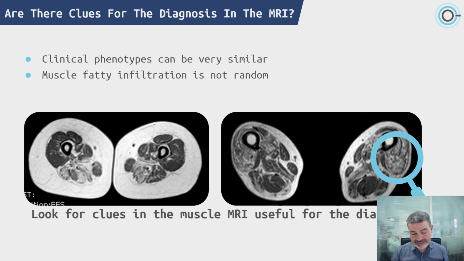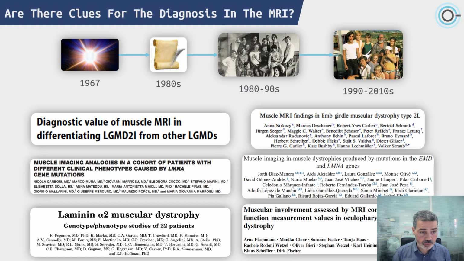So these changes that are not random and are dependent on the gene that is mutated have led to the description of the characteristic patterns of muscle MRI involvement in many different disorders. The reality is that MRI was first described in the 60s. In the 80s, there are the first publications applying MRI to the study of neuromuscular diseases.